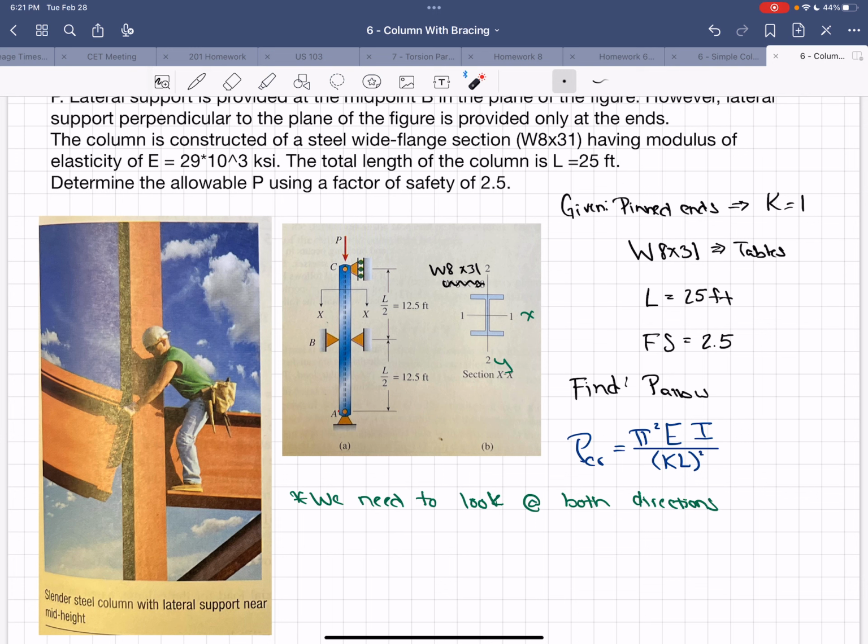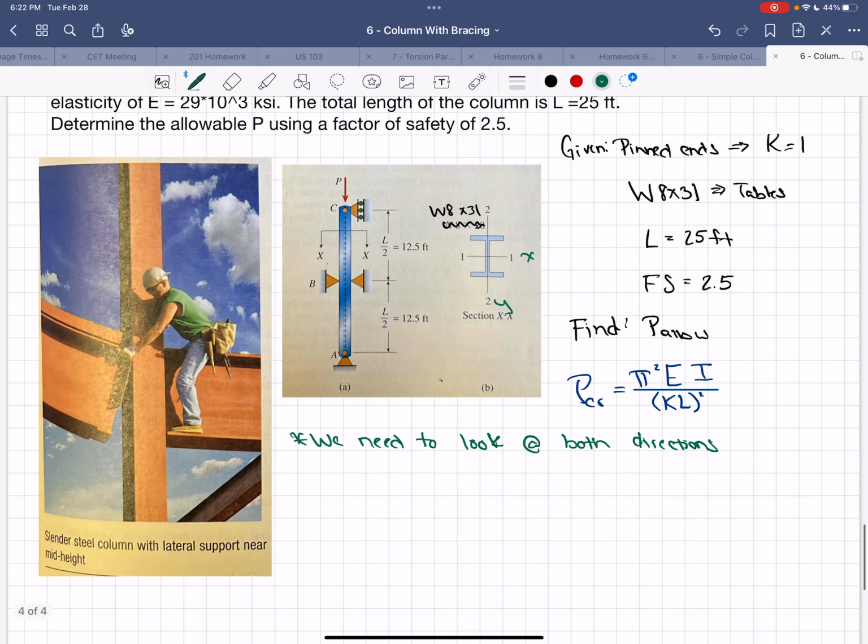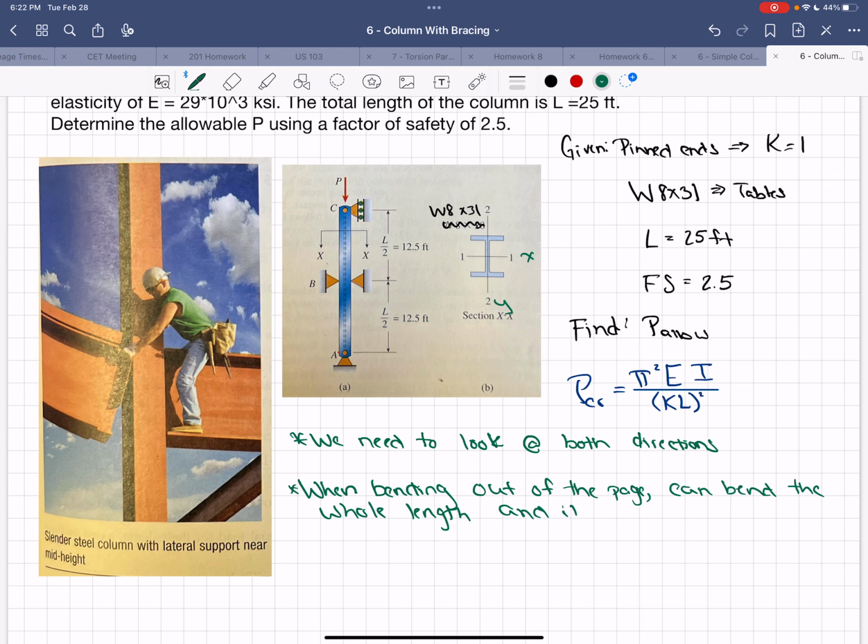So when bending out of the page, it can bend the whole length, and it is bending about the x-axis in the cross-section picture.